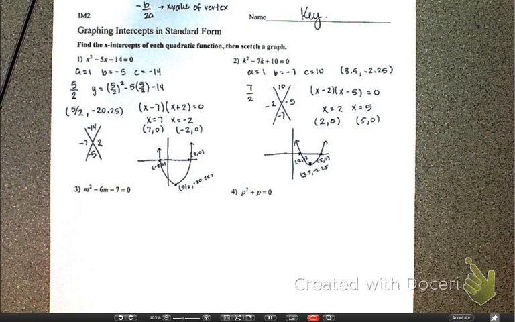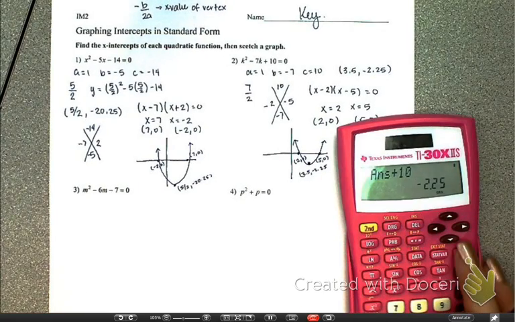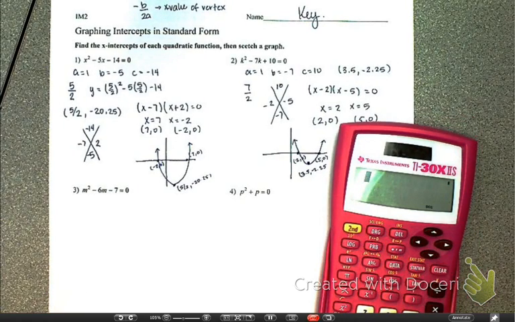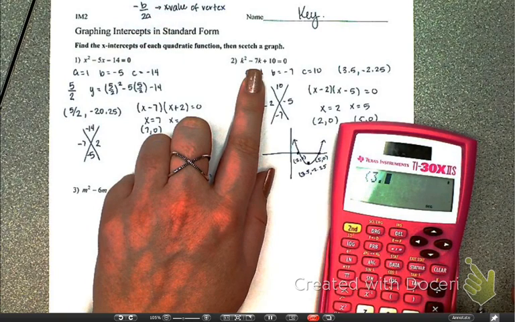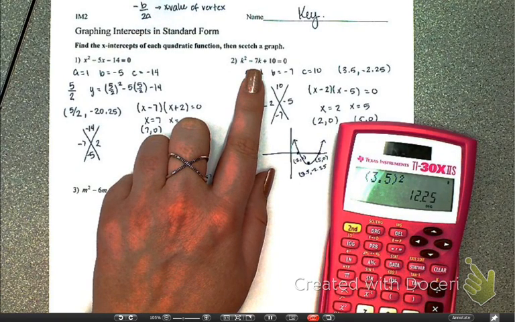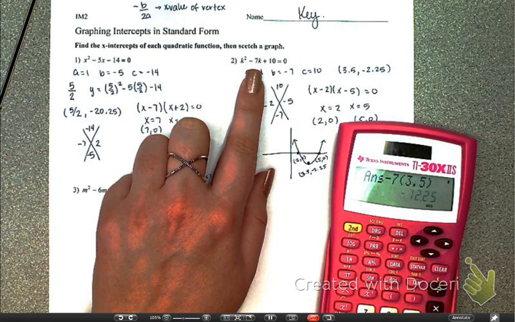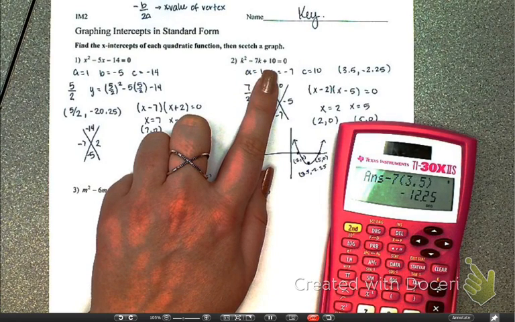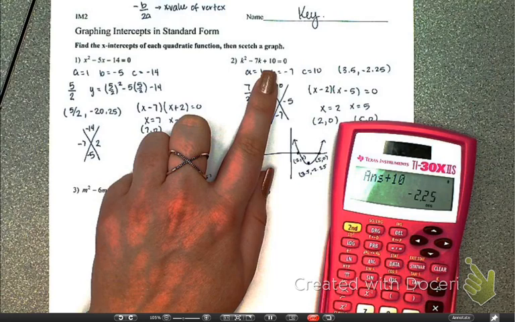Yeah. How did I get the y? I literally plugged it in. So I took 3.5, so I did 3.5 squared minus 7 times 3.5 plus 10 equals.